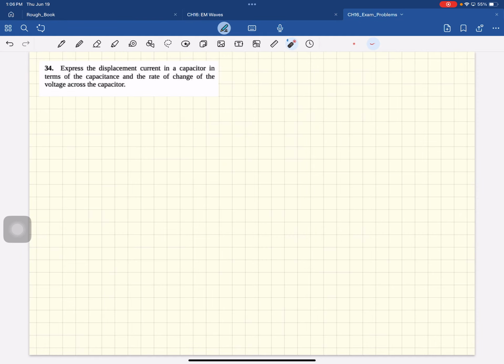All right. So express the displacement current in a capacitor in terms of the capacitance and the rate of change of voltage across the capacitor. So the displacement current we'll write like that. Okay, displacement current is epsilon naught del E by del t.